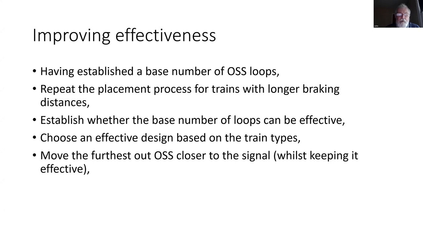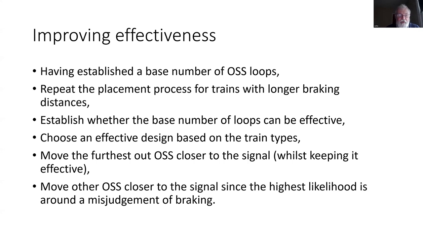We can then look at the history of SPADs to be confident to move the furthest out OSS closer to the signal, whilst of course keeping it in the effective band. And if there are more than one OSS, we can move the other OSSs in close to the signal, because we discovered that the highest likelihood of a SPAD occurring is with a driver who has begun to brake and then misjudged the braking or released the brake because they think that they will stop in time, or perhaps have been distracted.